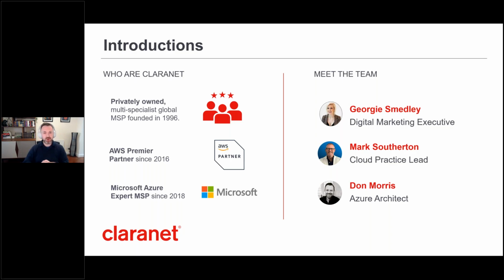It means we're not really beholden to the quarterly whims of shareholders. We're allowed to be very strategic and very flexible, which I think makes it quite an interesting place to work. We have various accreditations from the likes of Microsoft and AWS and have done since 2016, with more than enough time for us to find our feet and pick up a few tricks along the way.